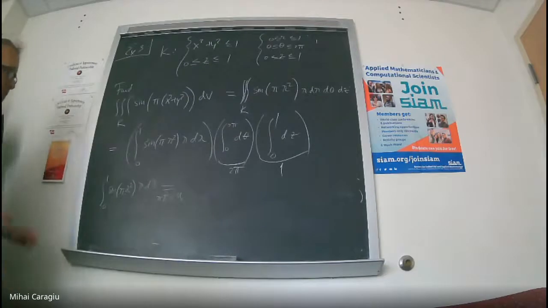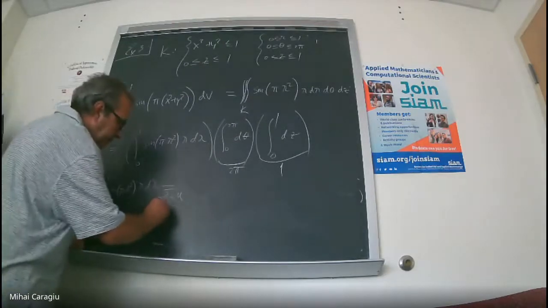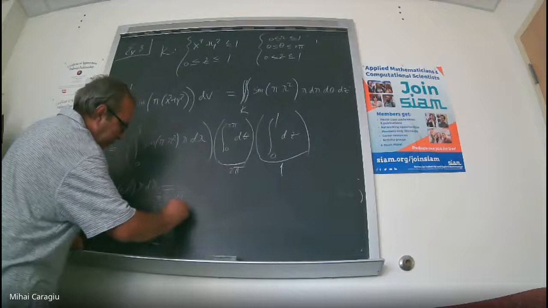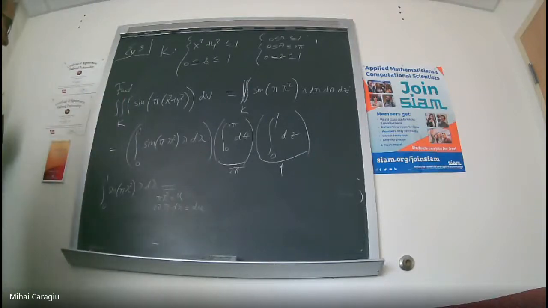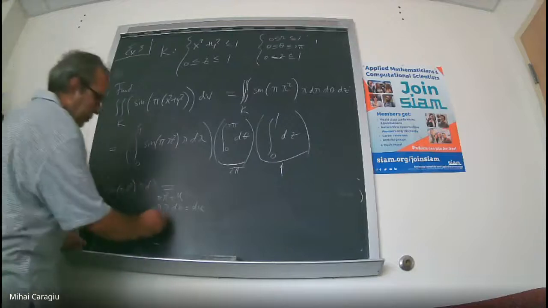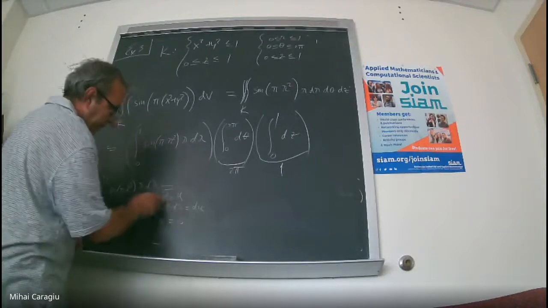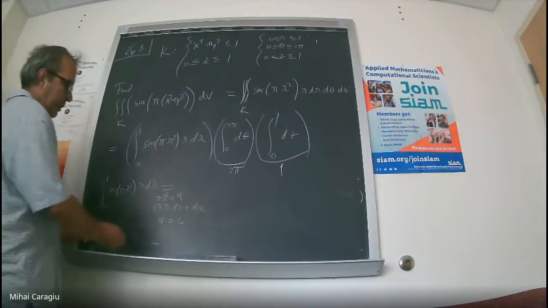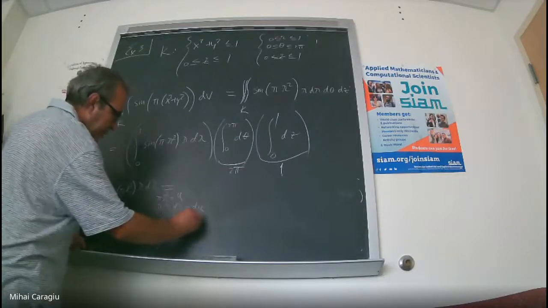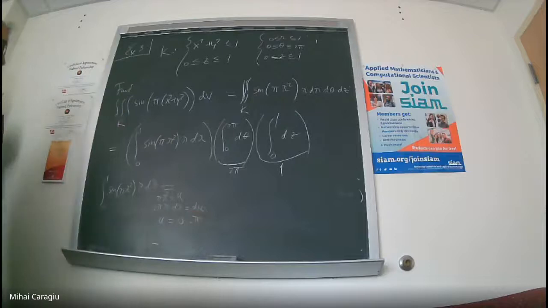Equality of differentials: 2 pi r dr equals du. R is from 0 to 1, so u is from 0 to pi. When r equals 0, u equals 0, and when r equals 1, u equals pi.